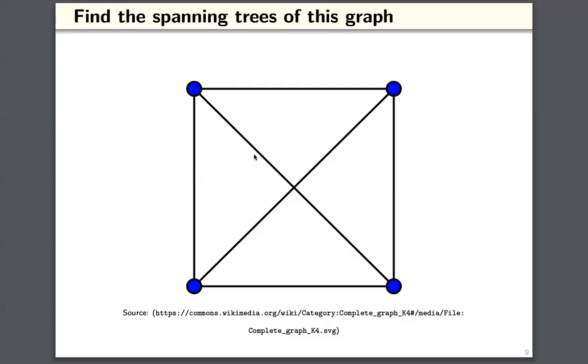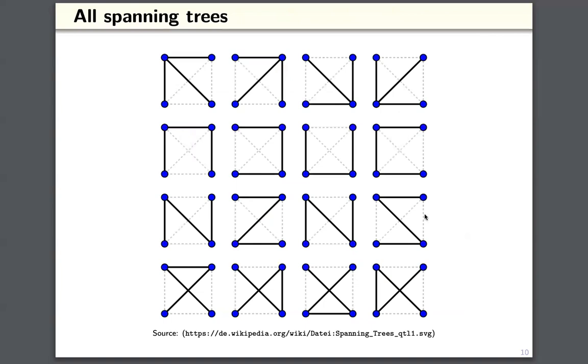So here is a simple graph, a complete graph with 4 nodes. And here are all the spanning trees. Now can you tell me what is a spanning tree? It is a tree that connects every node in a graph. That's your spanning tree.